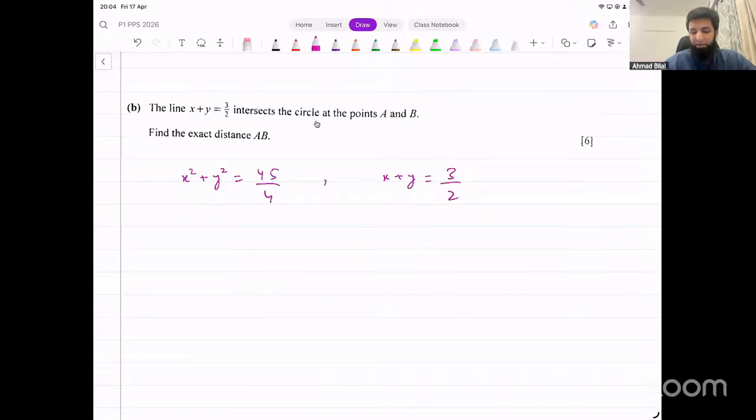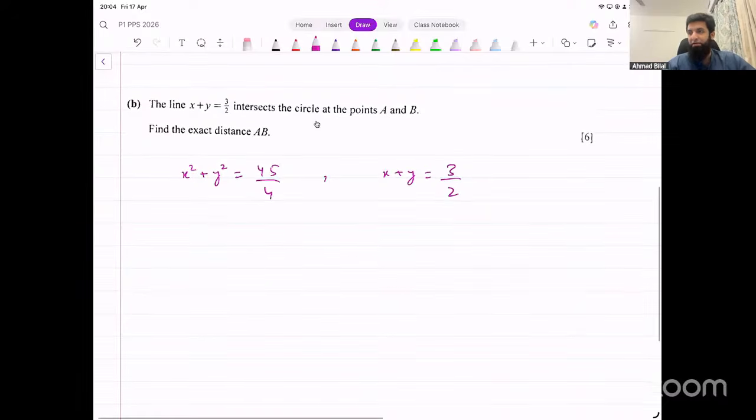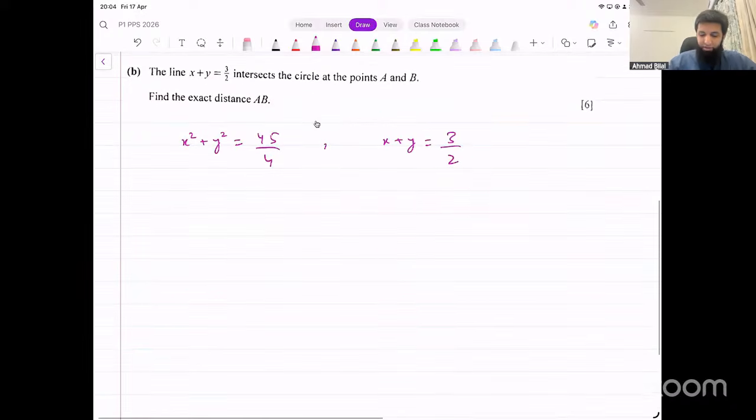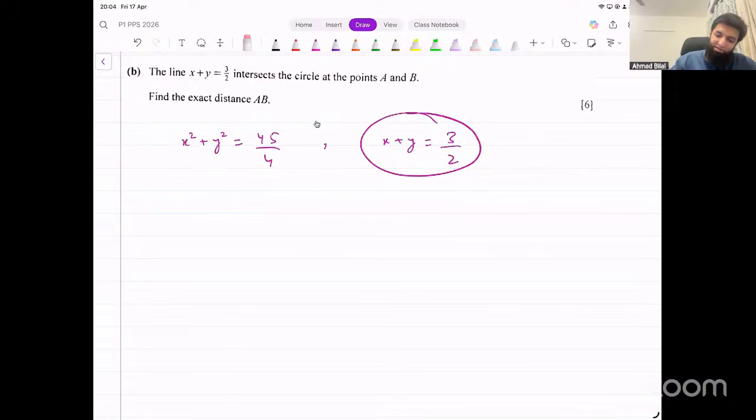We solve them simultaneously. Make y the subject in this linear equation and put that in the other equation. See what that gives you. y equals 3 over 2 minus x. Put that in the other equation.